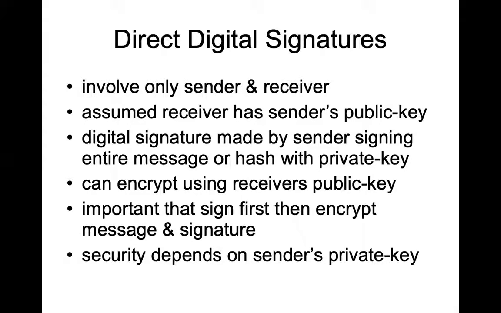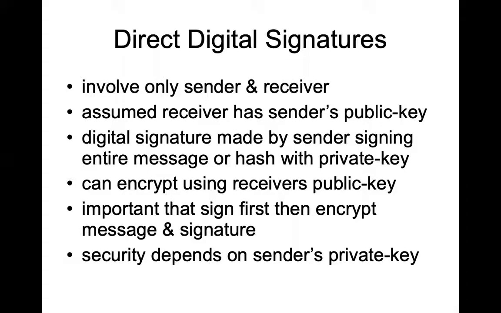Then Bob can decrypt it with his private key, and then he can use Alice's public key to check the signature. So it's important that the message actually be signed first, and then you encrypt both the message and the signature. That's generally the protocol that's followed. Alice takes the message she wants to send to Bob. She computes the digital signature of that, which is the same message encrypted with her private key.